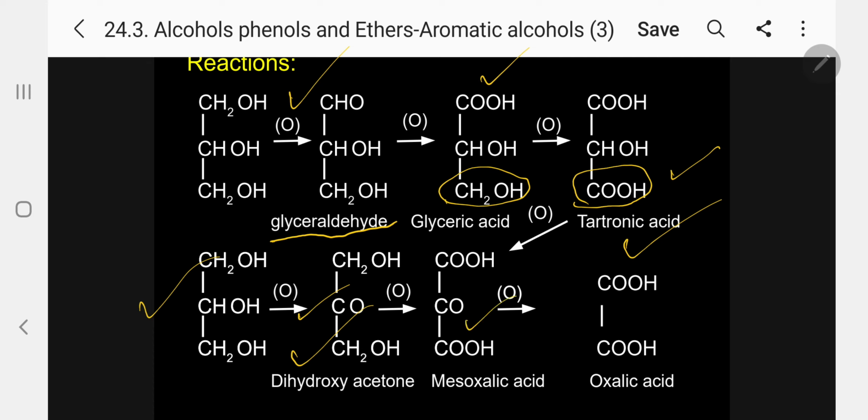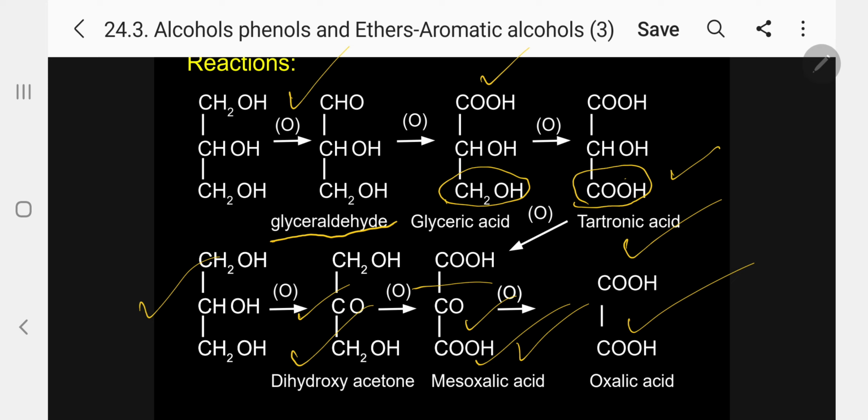Now this dihydroxyacetone on further oxidation gives mesoxalic acid. And further oxidation, it is cleaved here, producing oxalic acid as the final product. See here, we are getting different products: glyceraldehyde, glyceric acid, tartronic acid, dihydroxyacetone, mesoxalic acid, oxalic acid.